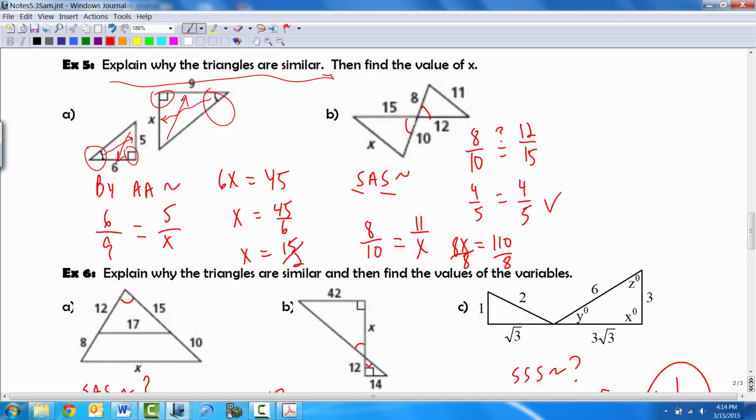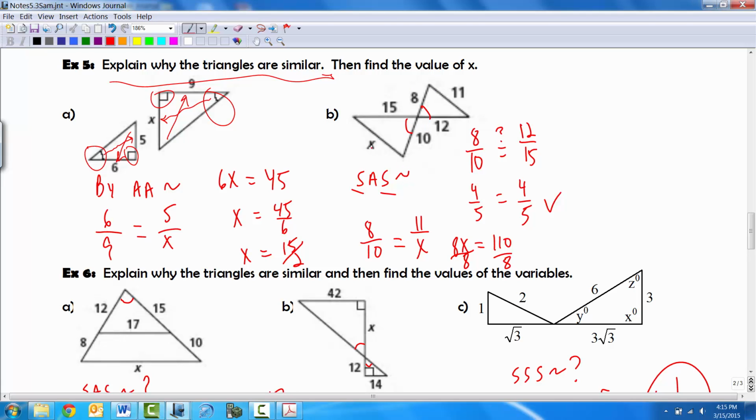Why are these triangles similar? Well, this angle is equal to this angle. So there's an angle. And then what I must prove is, do I have a ratio I can set up that's true between these? So the correct one is not 8 over 15 equals 12 over 10. It's 8 over 10 equals 12 over 15. And those are both 4/5. So it's side-angle-side that these are similar.